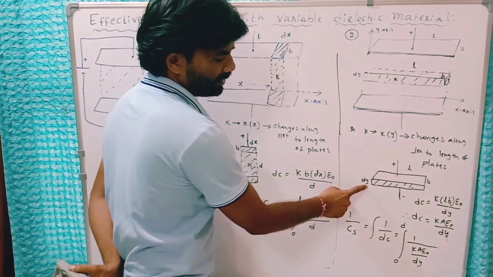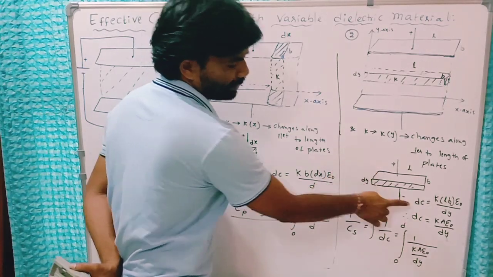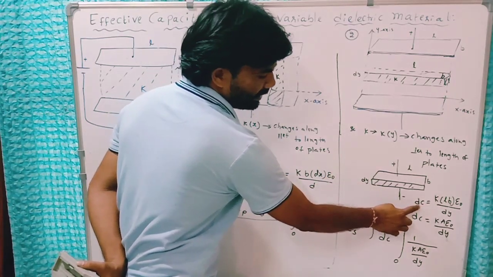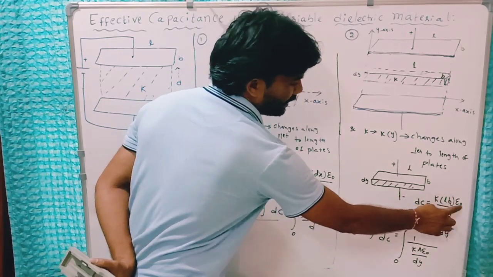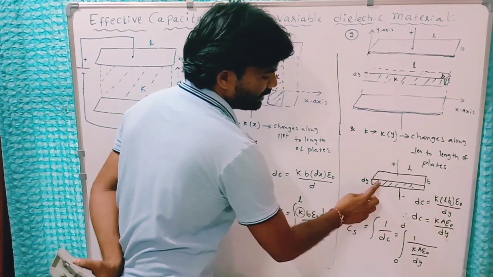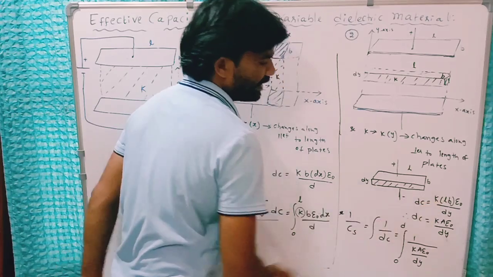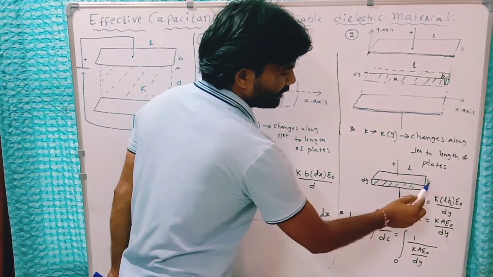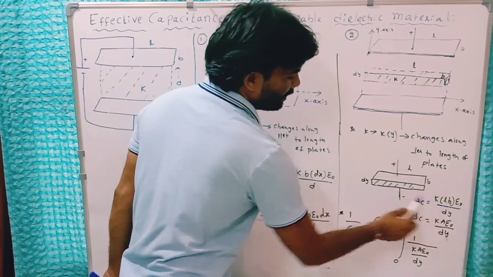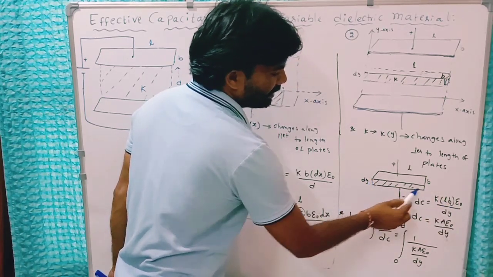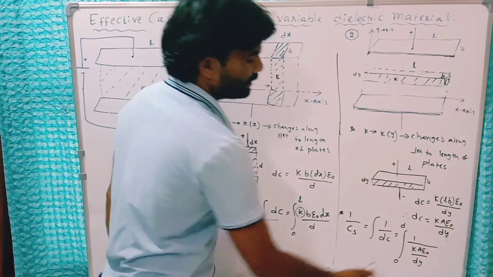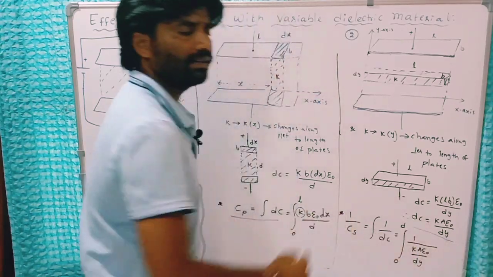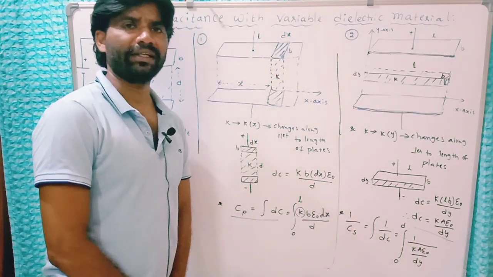So we should write this elementary capacitor's capacitance. It is equal to K A epsilon naught by d. You can see it has the dielectric constant K, the dimensions of this plate, length into breadth, that is area A, epsilon naught, and the thickness of dielectric material dy. So that is the equation for the capacitance of that elementary capacitor.